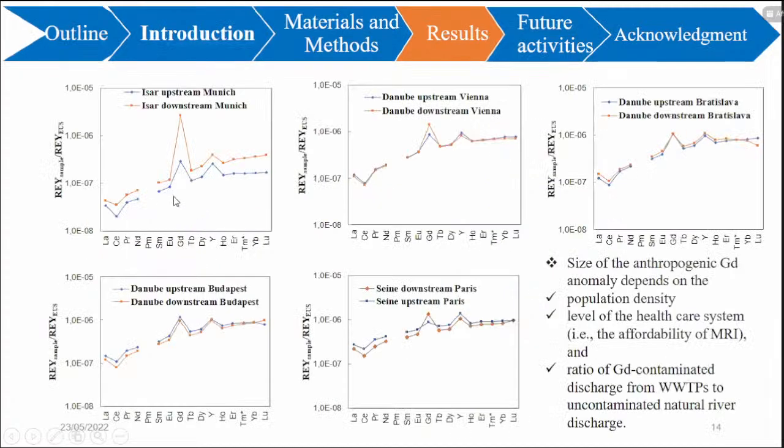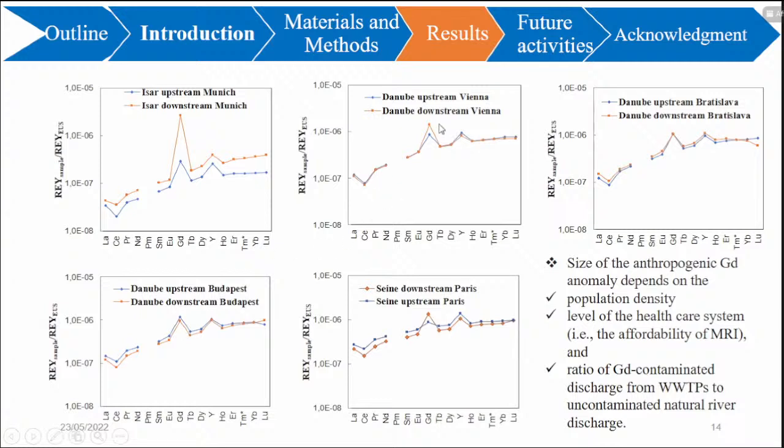When we see separately the different parts to see whether the cities contribute to the rare earth elements or not, in this case, obviously in ESR, the downstream one has the higher one. In Budapest, it is almost the same, the down and the upstream. That means the anthropogenic contribution is less.